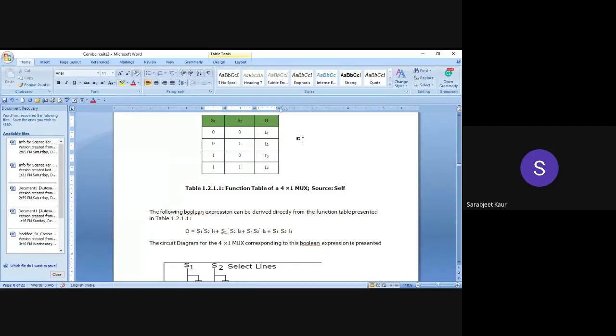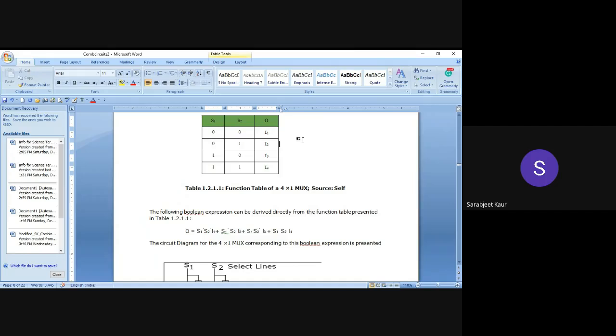So what happens is that it is not always the case that all the input sources are using the transmission channel at the same time. Is this clear? Yes, ma'am, got it.